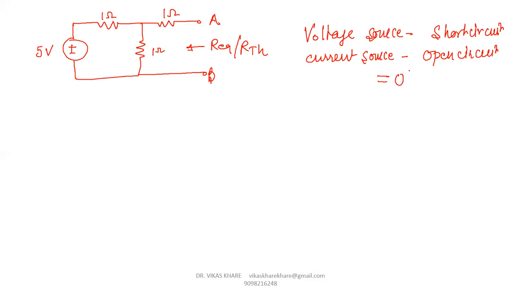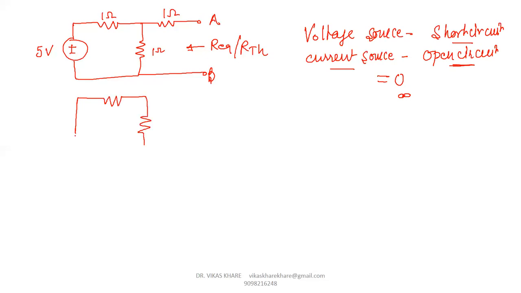When the value of resistance is 0, current flows in a maximum amount, so the maximum current is equal to a short circuit. The ideal resistance of a current source is infinite. So the value of resistance is infinite, and in that case the value of current is 0. So the circuit behaves just like an open circuit. So in this numerical, the 5 volt is a voltage source, so it converts into a short circuit.